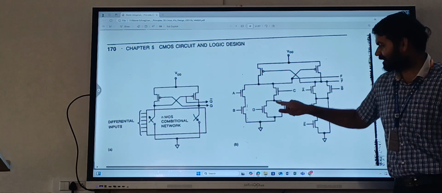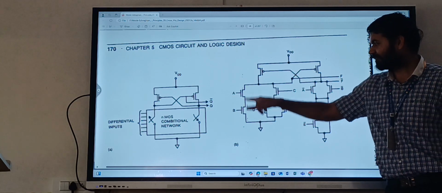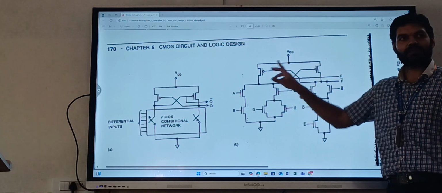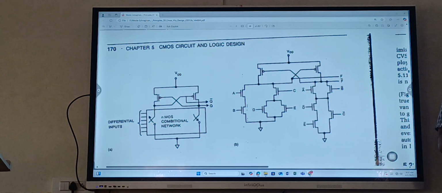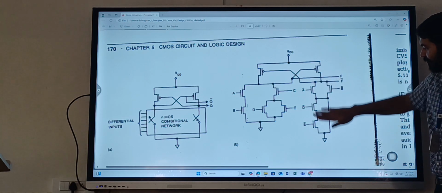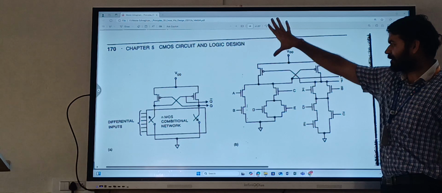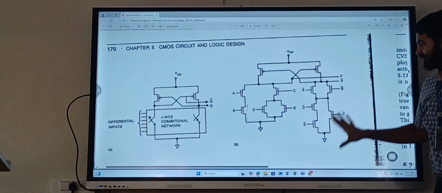It is NMOS logic character. Dot we will use series, or plus we will use parallel. That theory is correct here.